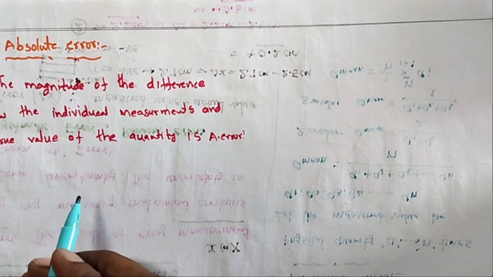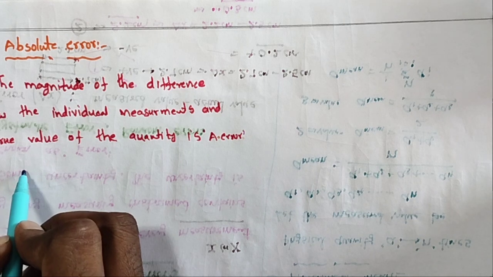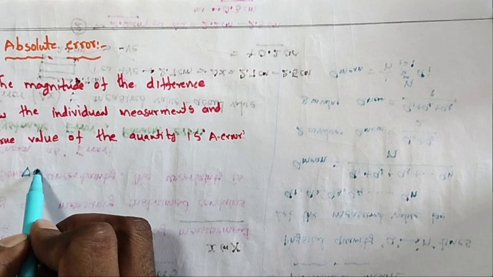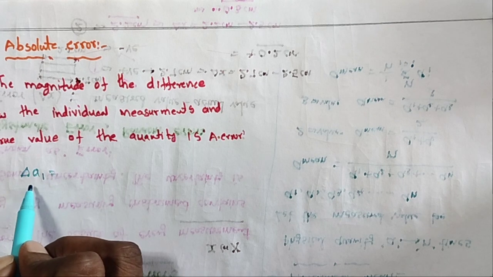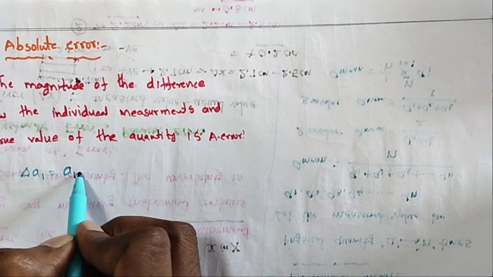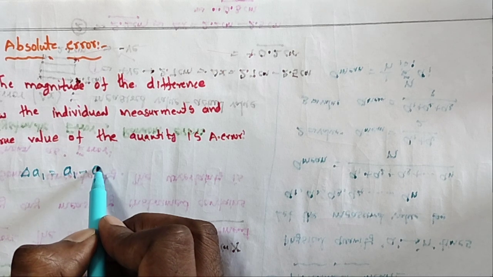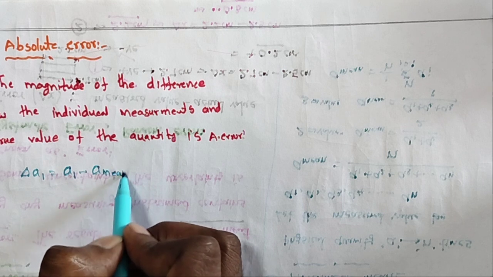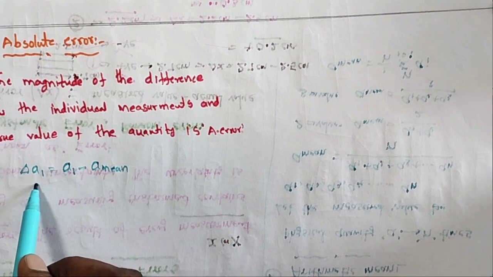So for example, first delta A: what is the absolute error in the first value? Here the measured value A1 minus the mean value, A mean. This is the first absolute value.